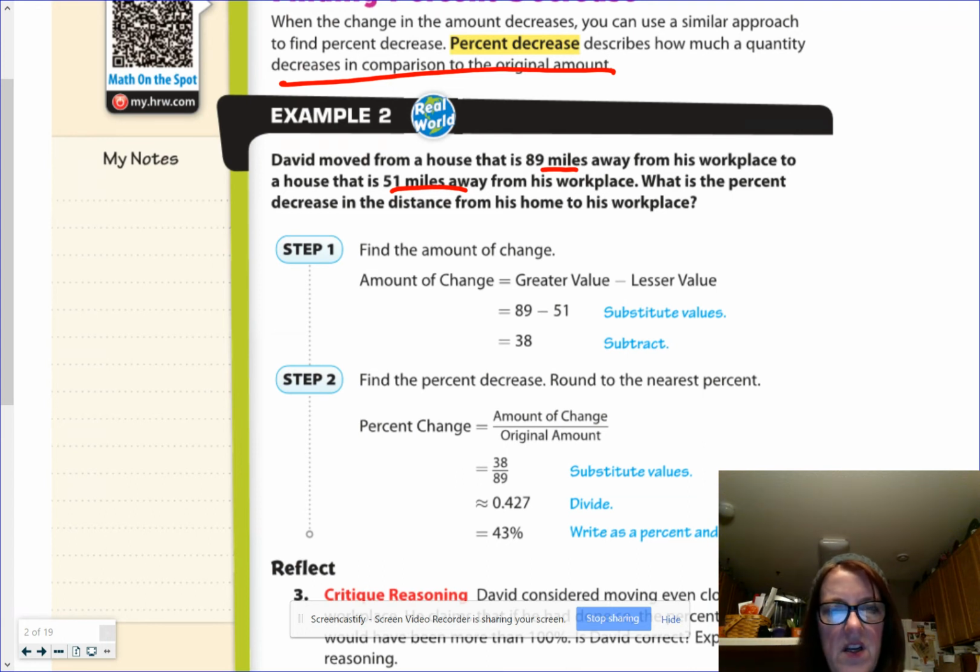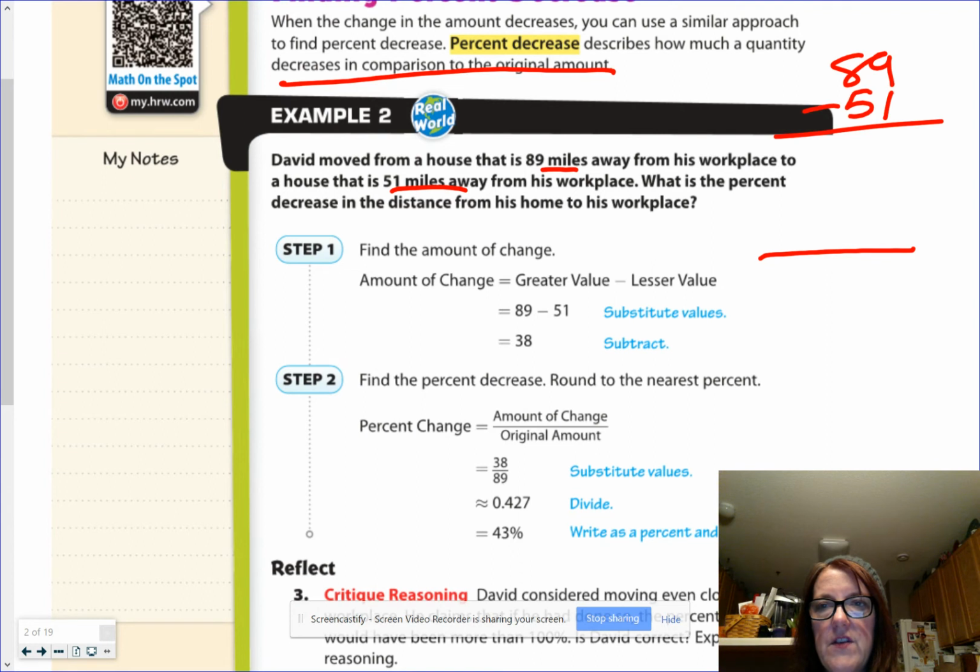That's a super long commute. What's the percent of decrease? First, we make a fraction and find how much it changed. It went from 89 to 51. Let's find the difference. I think you get 38. What was the starting amount?